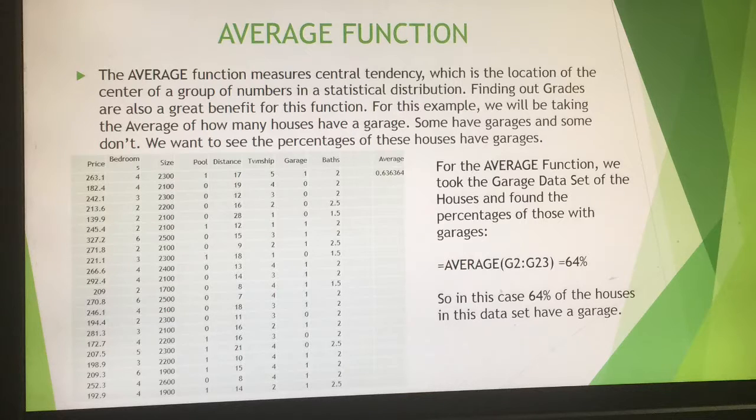We put our semicolon, close the parentheses, and we have a total of 64%. So that gives us our average of how many houses have a garage. In this case, 64 houses in this data set have a garage.